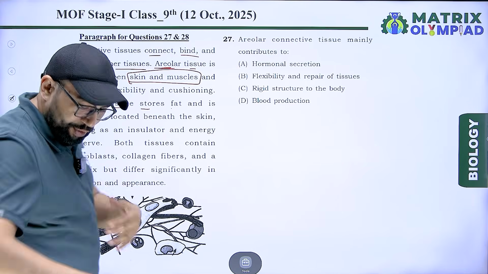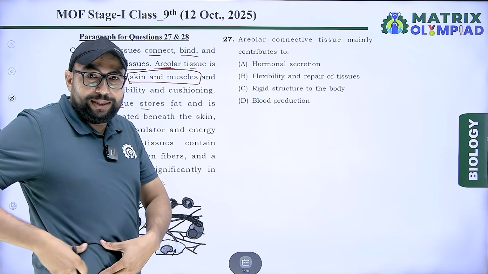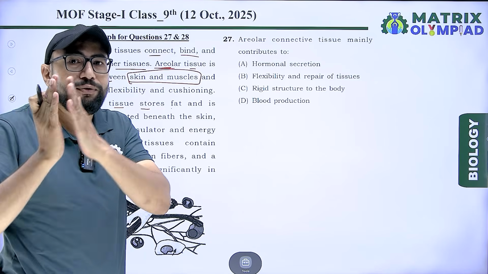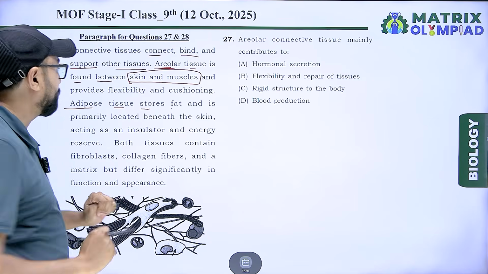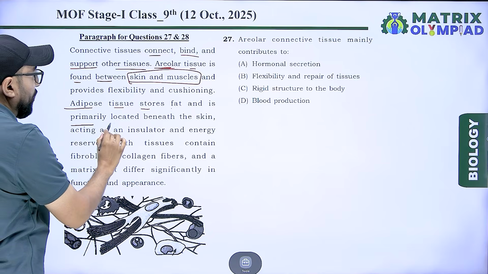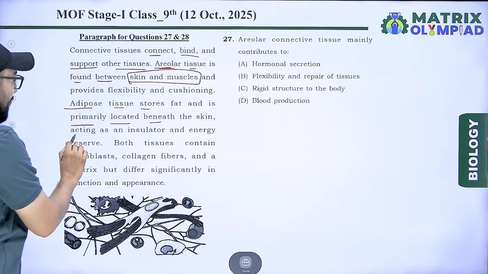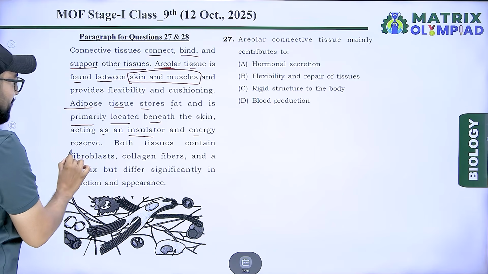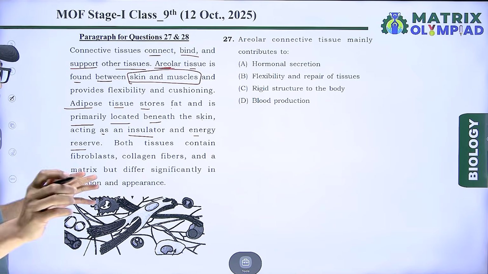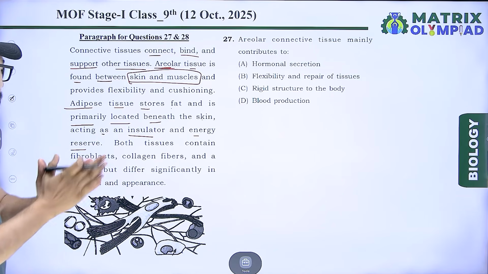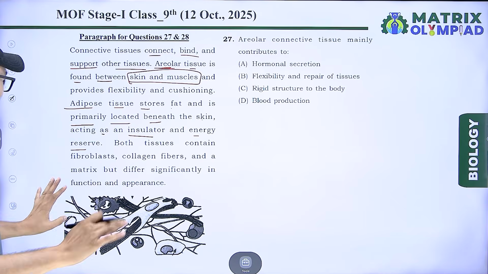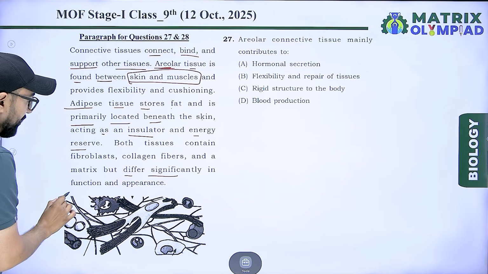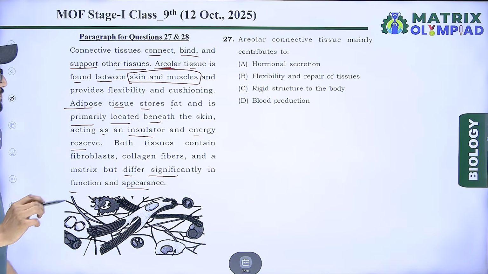Adipose tissue stores fat in the body and is primarily located beneath the skin, acting as an insulator and energy reserve. Both tissues contain fibroblasts, collagen fibers, and matrix but differ significantly in function and appearance.